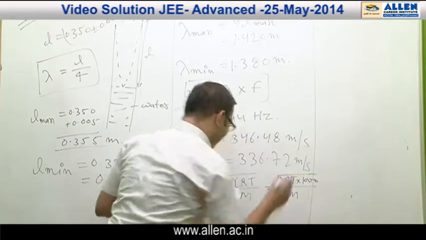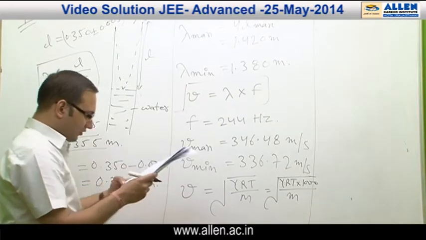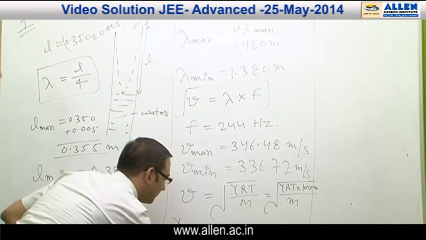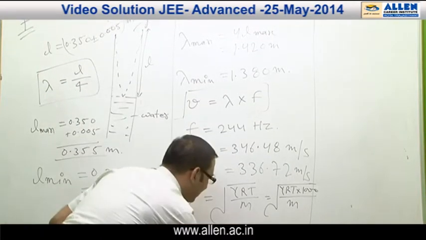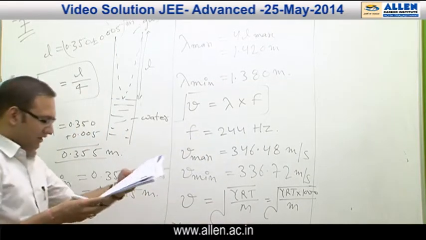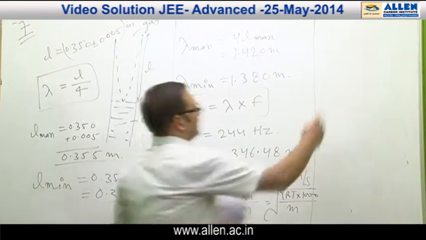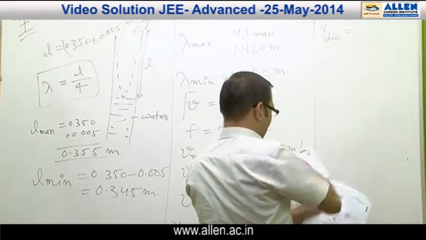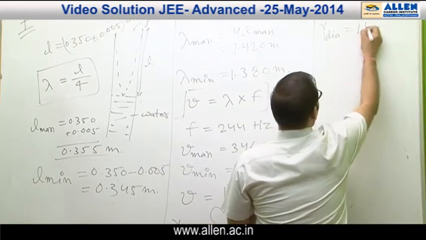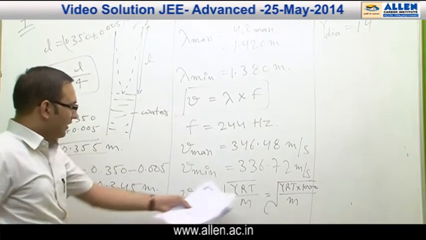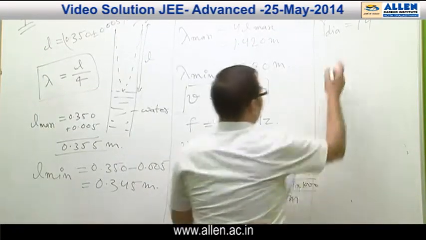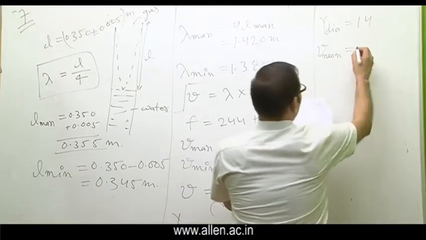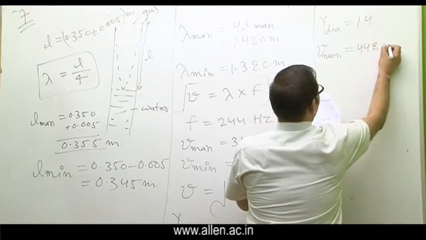Well, now neon and argon both are monoatomic gases, and for a monoatomic gas we know gamma is 1.67, and nitrogen and oxygen are diatomic gases. For a diatomic gas we know gamma is 1.4. So by putting all the values in this formula, for neon the speed of sound comes to be 448 meter per second.